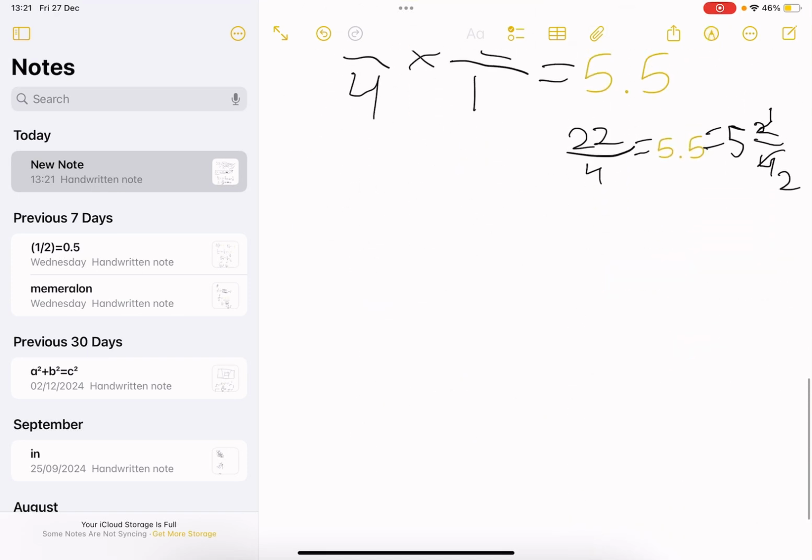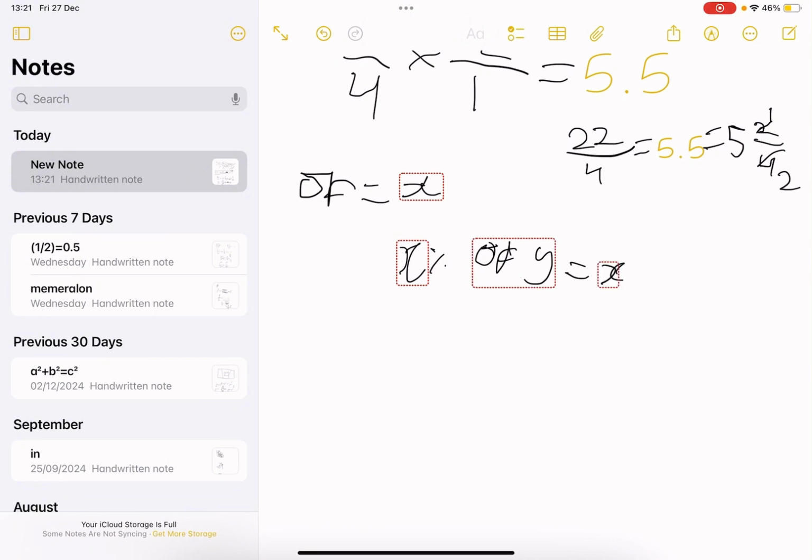Alright, but when you have numbers like nasty 22%, how do you deal with it? Now, number one, I forgot to mention this, but of just basically means times. So if you have x% of y, that simply means x% times y. And remember, percent is equal to out of 100.